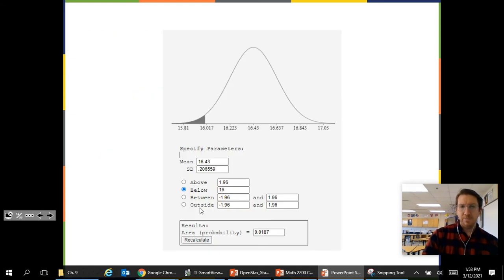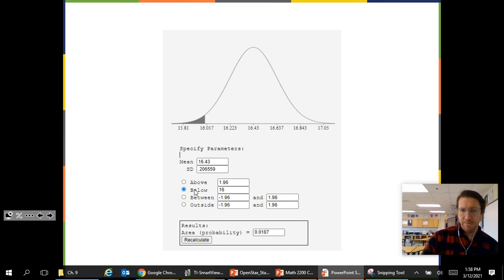Take note, the 16.43 is our average here. So you can see this normal distribution curve, and you can see how the null hypothesis, 16.43, is right down the middle. We can see a range of times. Notice as the times get further away from the average, the 16.43 or null, they become more rare. So we wanted to find out if this person at 16 seconds was statistically significant. So we go to 16.